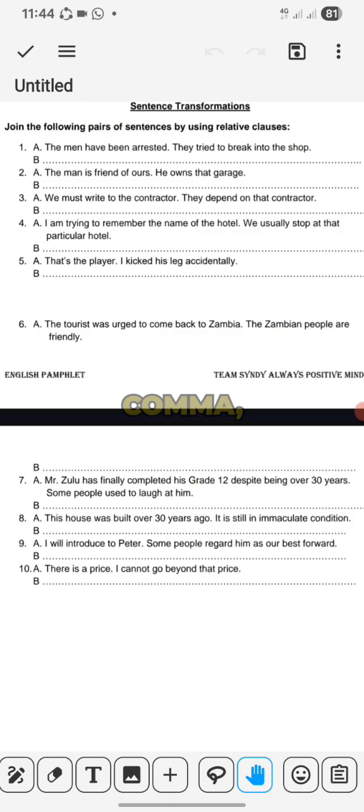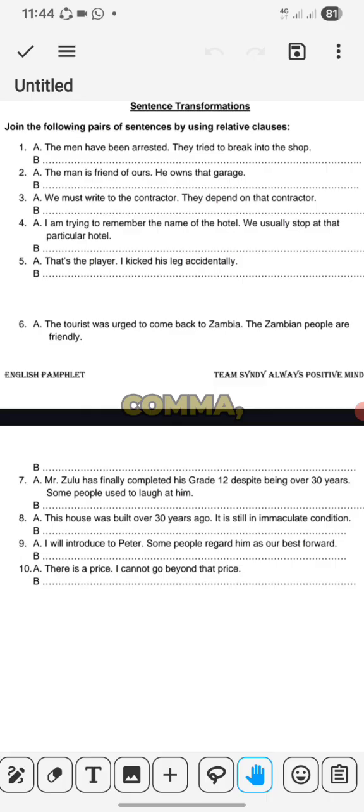The other thing that will help you to differentiate the two is that, as I've already spoken of the first one, you cannot omit it from the sentence, whereas the other one you can omit it.